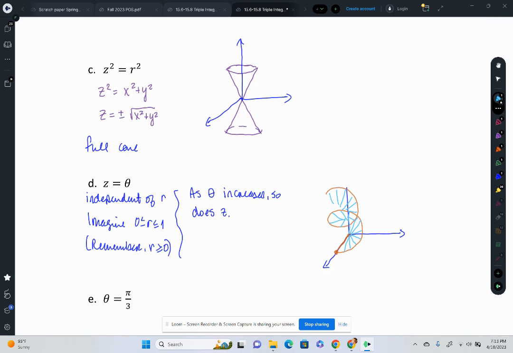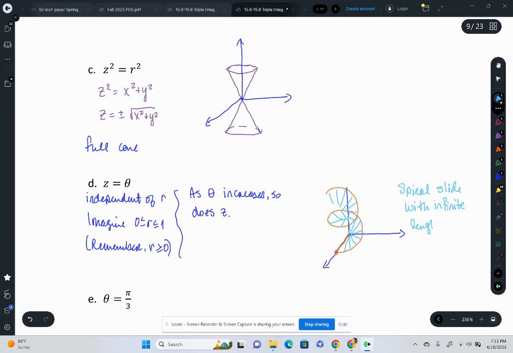Hard to see it, but what this is, it's like a spiral staircase or a spiral slide with infinite length. And by length, I mean that radial arm R. And another name for this is a helicoid.